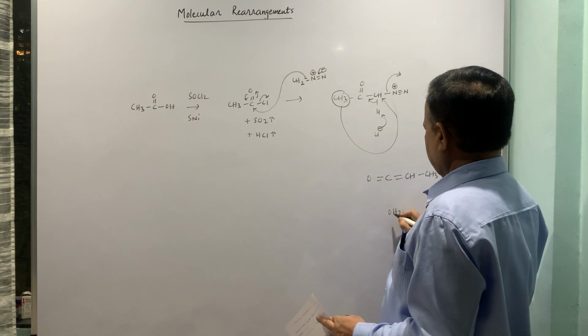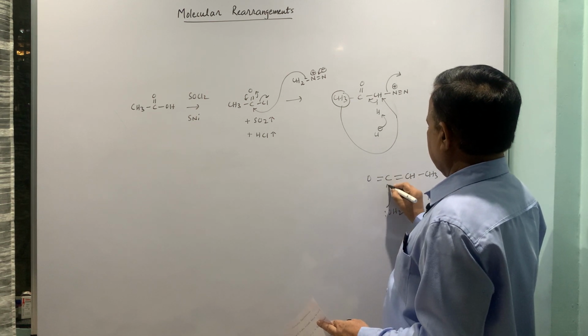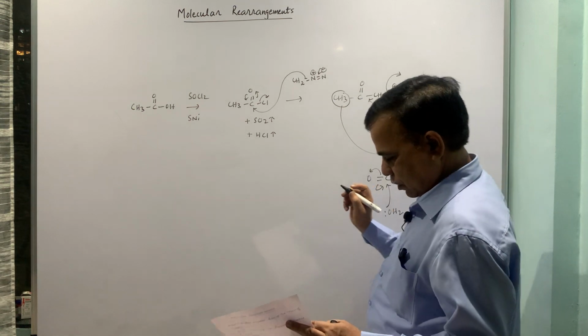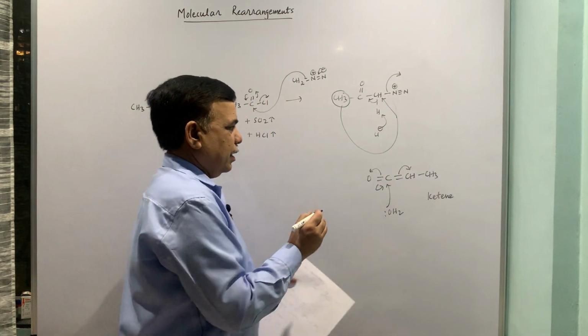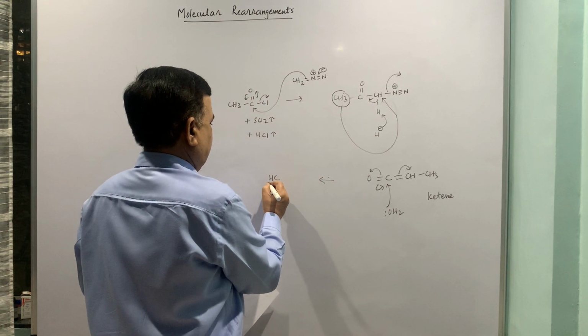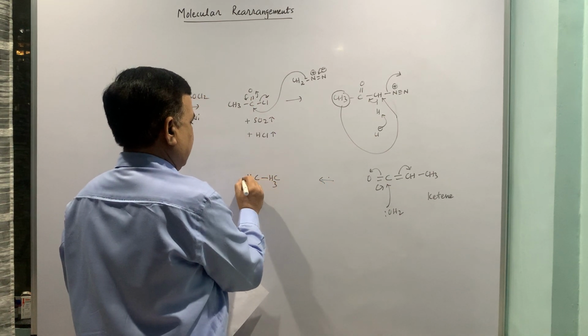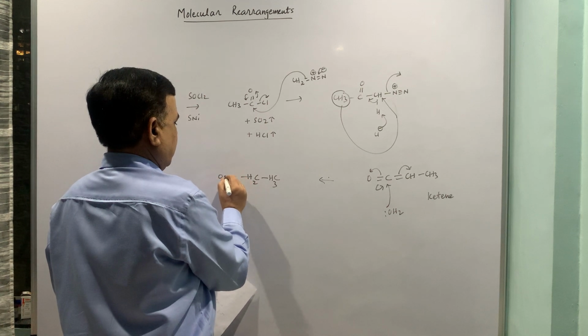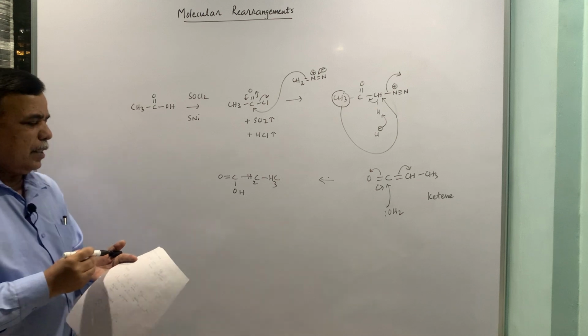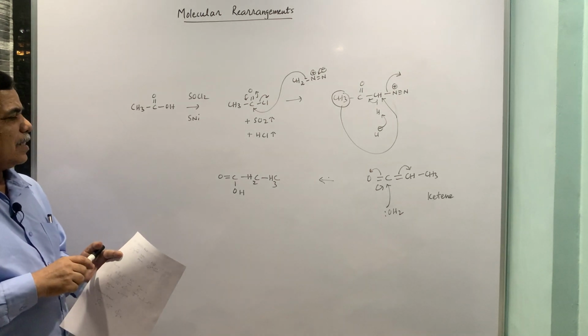Upon treatment with water, you will get the acid. I am just writing it as it appears. This is the homologous acid, wherein you can see that one carbon is added.